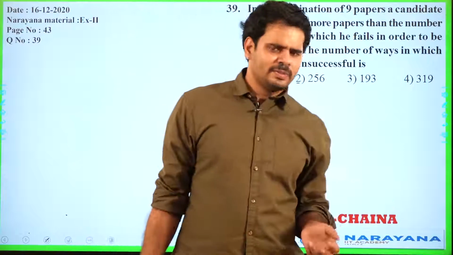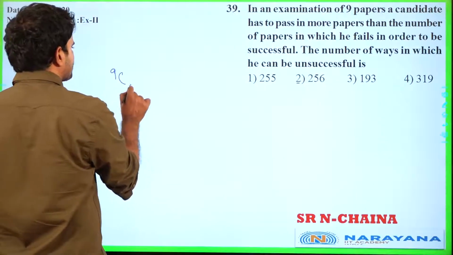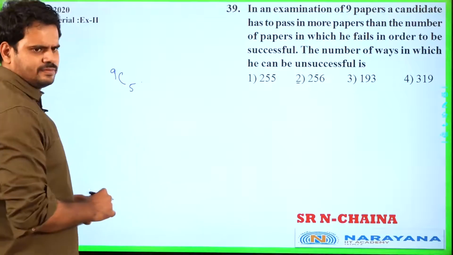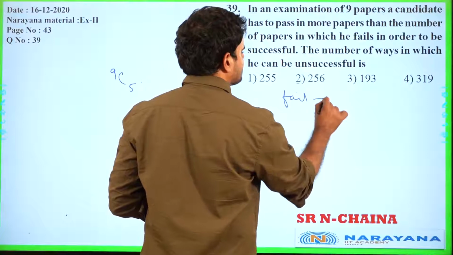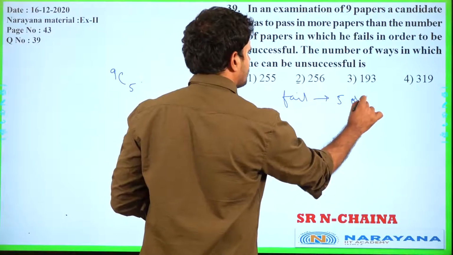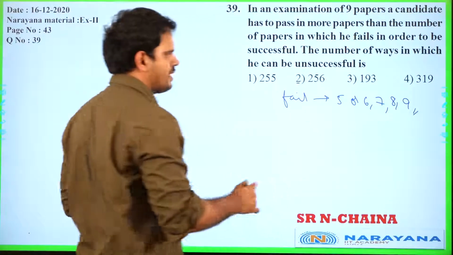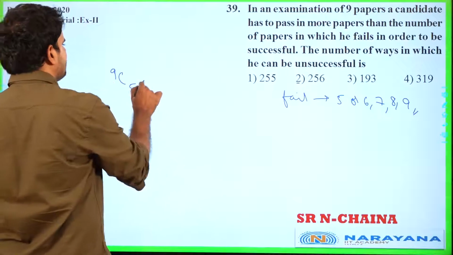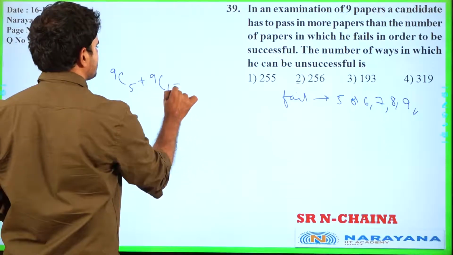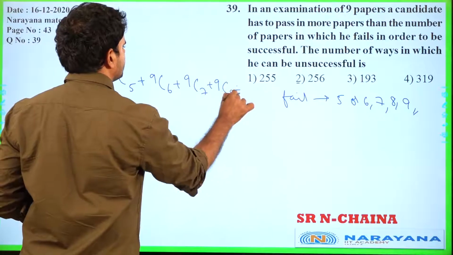He has to be unsuccessful. Out of 9 papers, he has to fail 5 papers. He should fail at least in 5 or 6 or 7 or 8 or 9 papers. These are the cases we have. So out of 9, any 5 he can fail, any 6, any 7, any 8 or any 9.